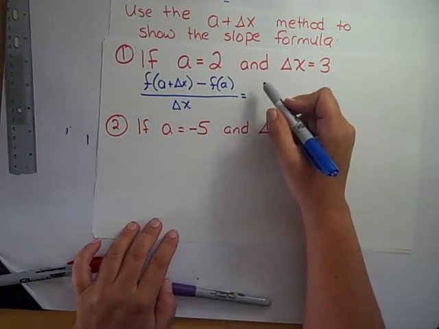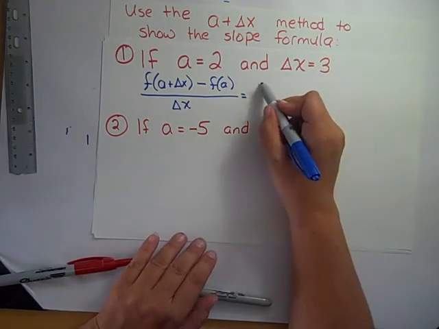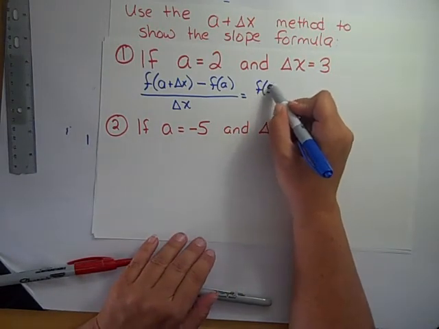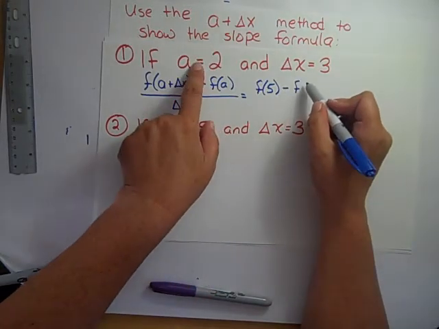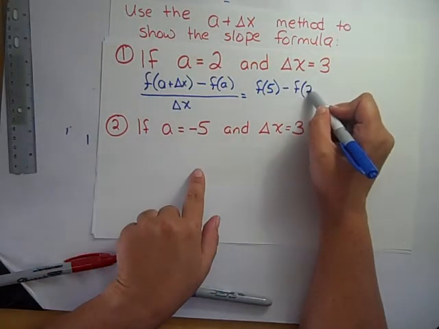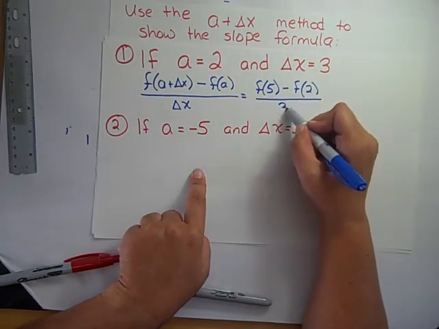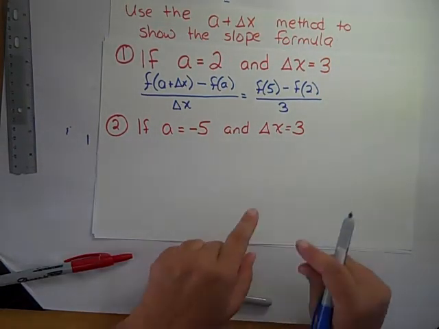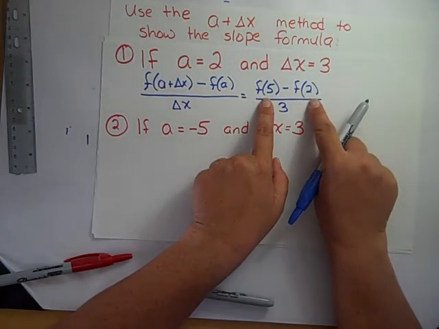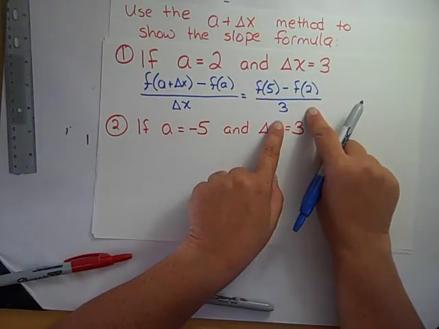That's going to equal, a plus delta x is 5, so f of 5 minus f of a, which is 2, over delta x, which is 3. And you're done. We weren't given the value of f of 5 or the value of f of 2, so we don't really have a way of finding the value.